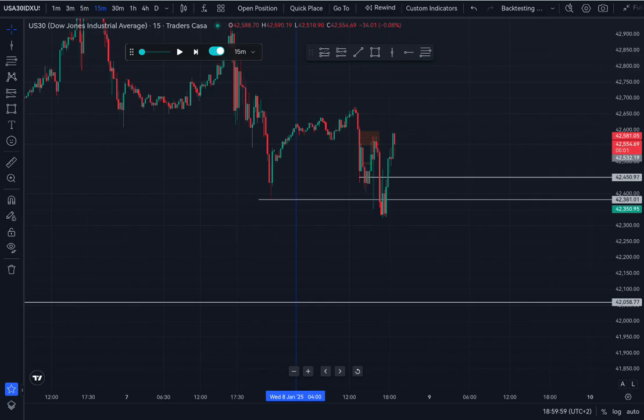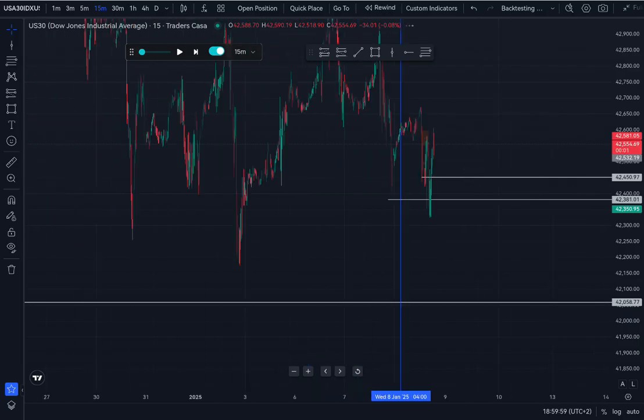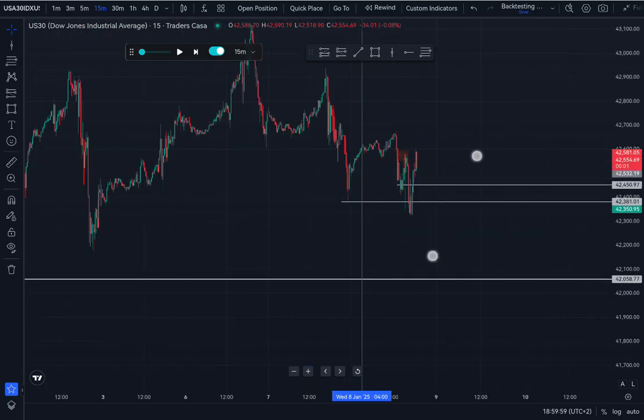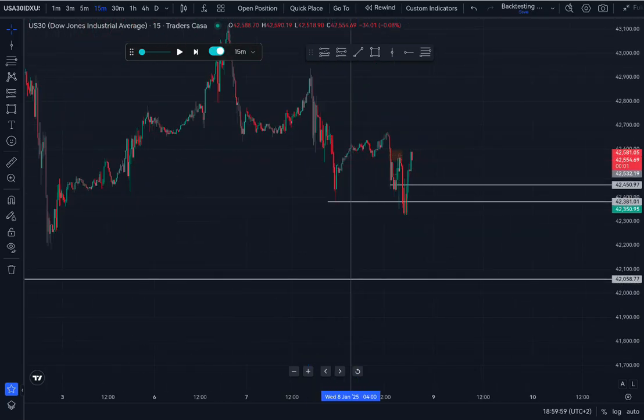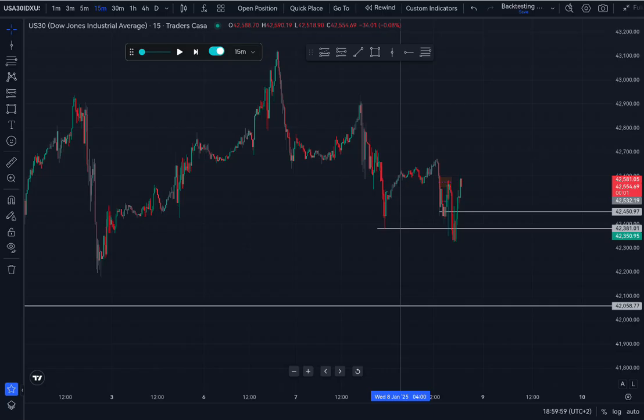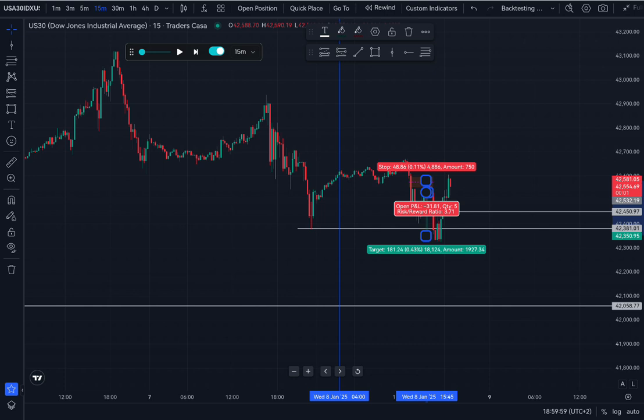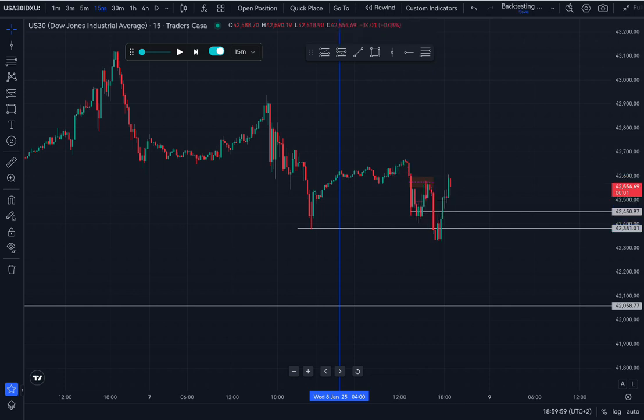You don't place a TP on a random place in the charts. You place it at a proper area, at a proper swing low or swing high, at an area of liquidity. So this trade hit TP according to liquidity, but I had placed it on a random area, and that's why price eventually went all the way back up and took me out.